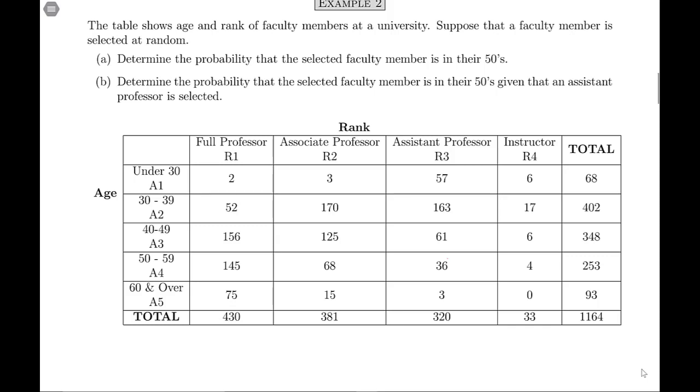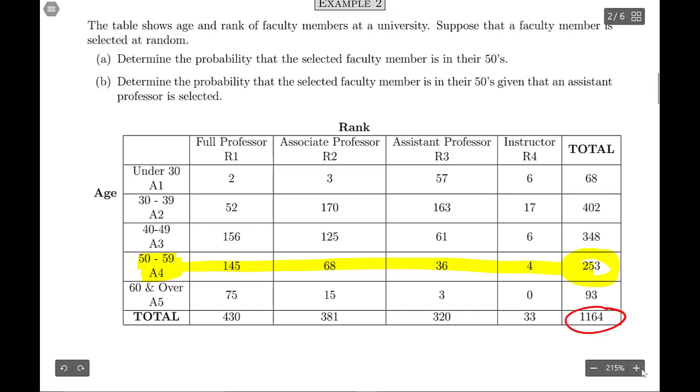When we look at our table of values, this is the row for faculty members in their 50s. We're not interested in any other information other than that these people are in their 50s. So if we go all the way across, we have our total, which is 253. So 253 out of the 1,164 faculty members is the number of faculty members that are in their 50s.